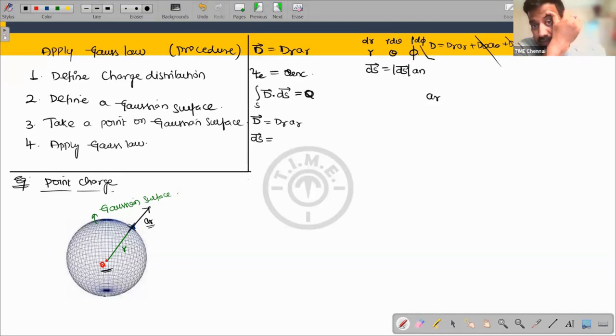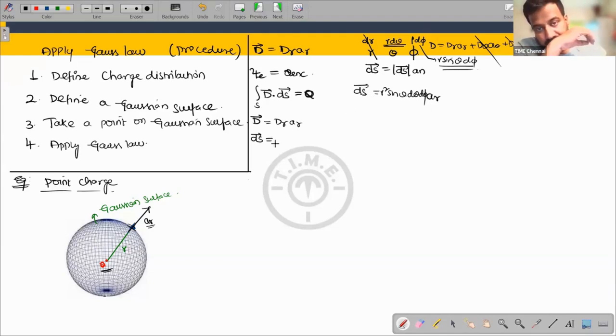Now, direction is along r, so I got ar here. The surface area is the product of these two differential surfaces. So you get the differential surface area by multiplying these two, which results in r square sin theta d theta d phi into ar.